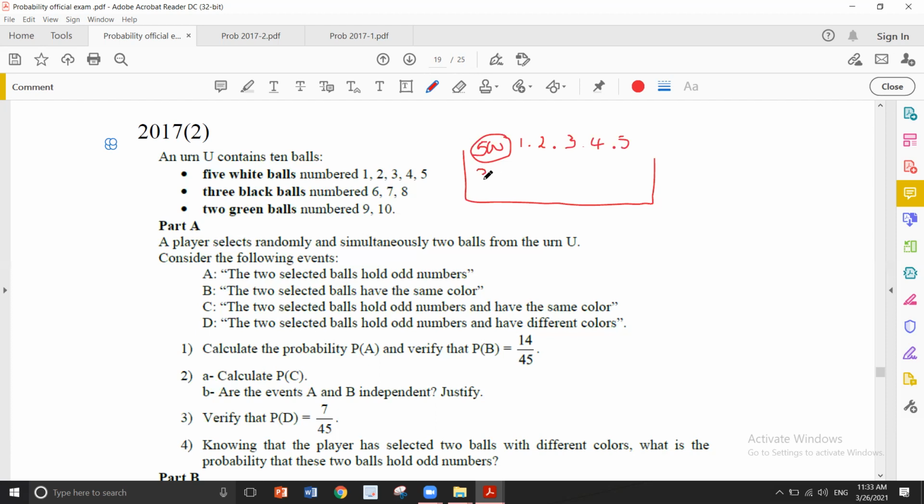We have 3 black, numbered 6, 7, 8, and 2 green, numbered 9 and 10.